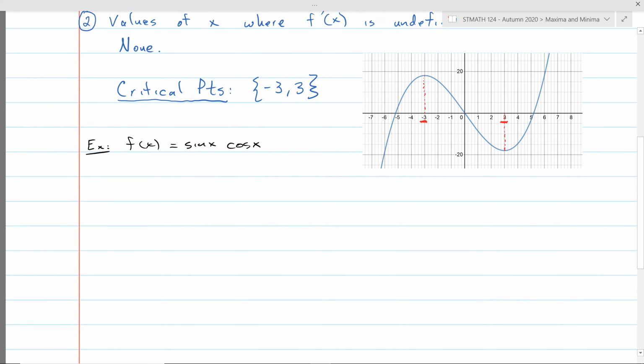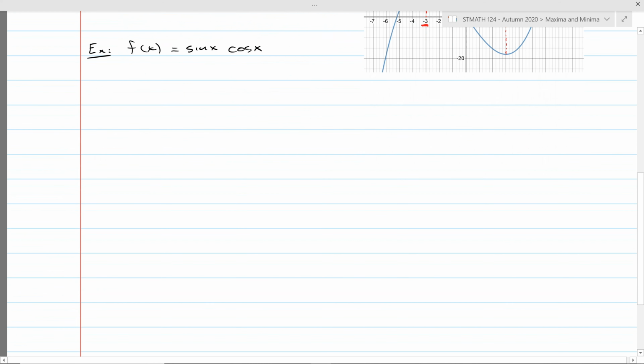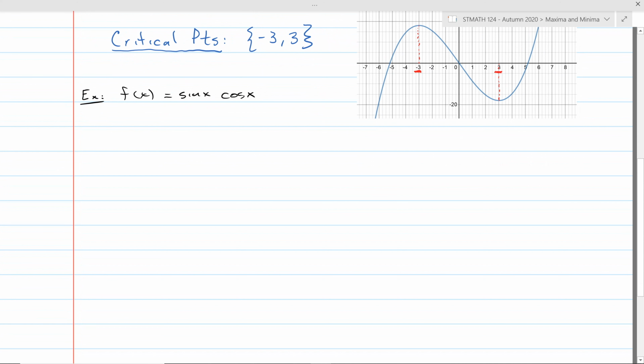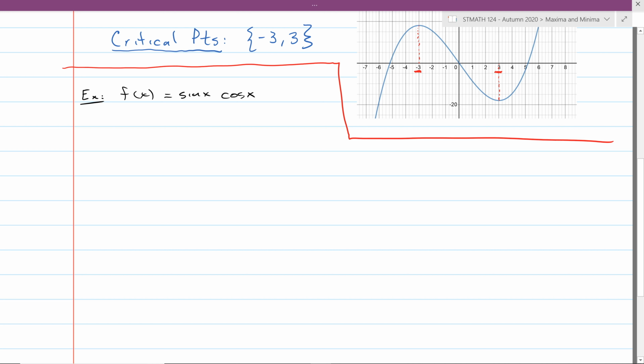Okay, so let's look at this next function here. f of x equals sine of x times cosine of x. Same as before, I would like to find all the critical points of this function. So this is going to test our knowledge of trigonometry a little bit. But first, if we're going to find the critical points, first thing we've got to do is find the derivative.